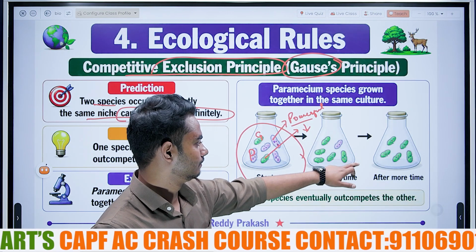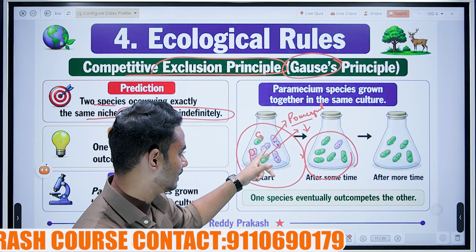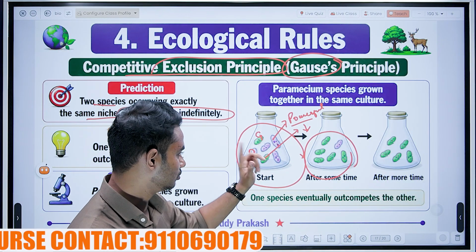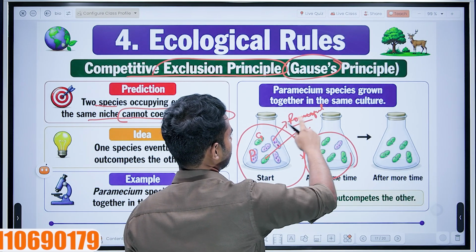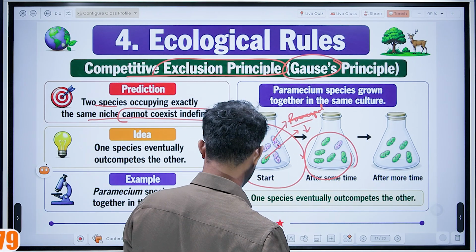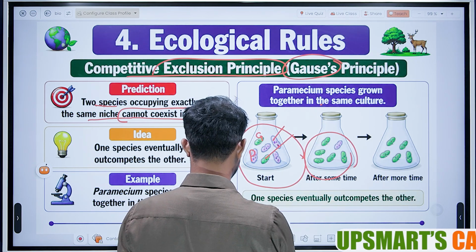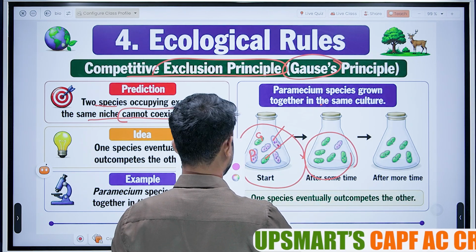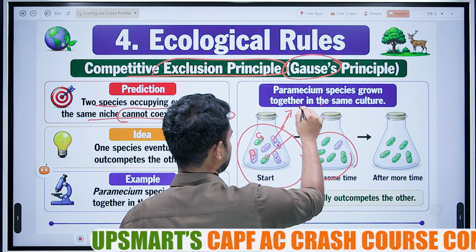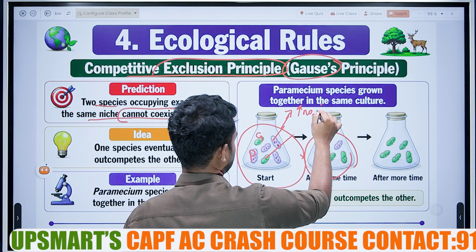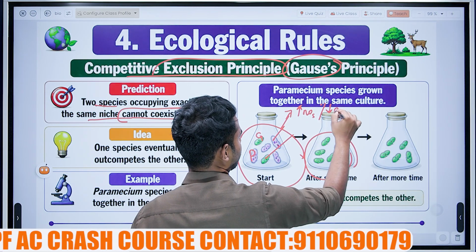Now, over the period, pink should dominate, right? They are higher in nature. Pink should dominate, but I'll keep it like this: pink has high numbers but less power.